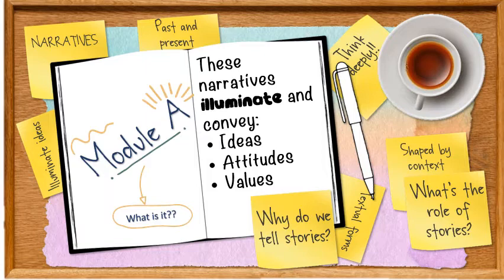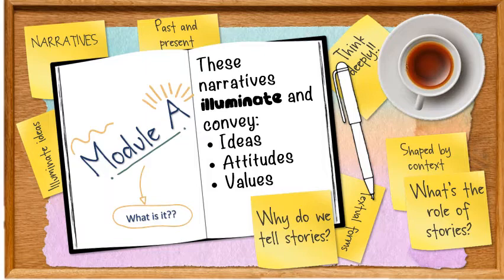So for example, when we think about the story Little Red Riding Hood, it very much has in that story attitudes about what is right and what is wrong. They have values about parents and children. Children should always obey their parents because parents know best.